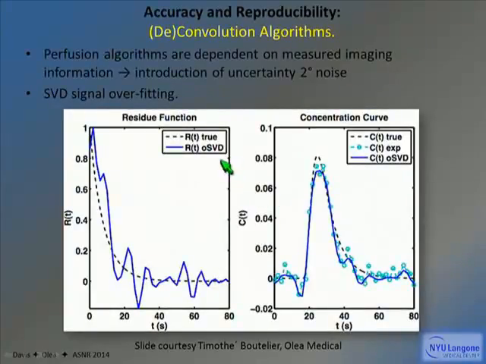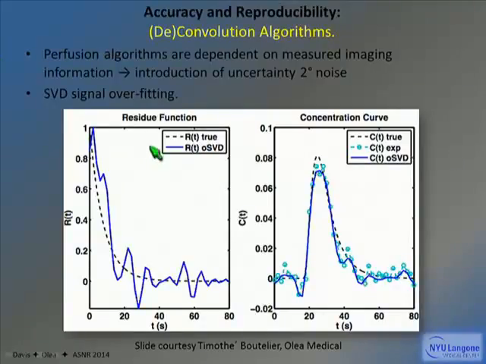Perfusion algorithms, like deconvolution, are dependent on the measured imaging information, and that introduces uncertainty because of noise. And as a result, the curve that you receive is variable because the noise introduces error.